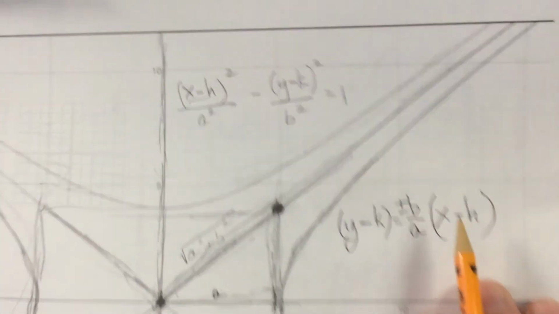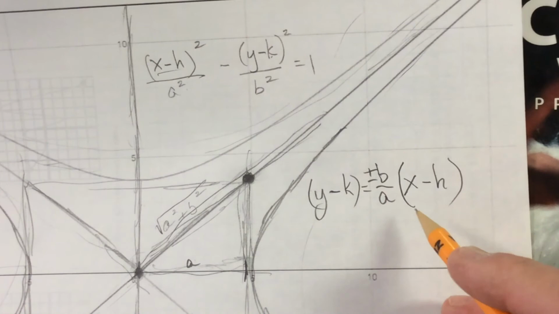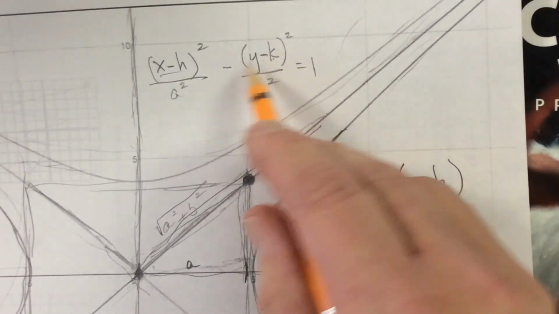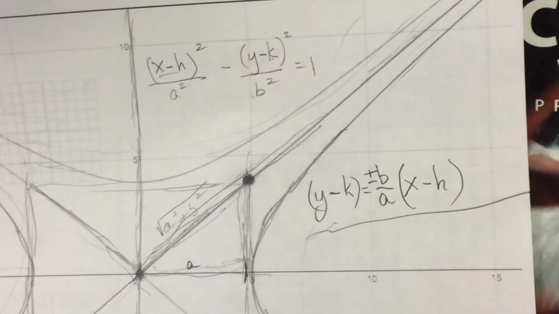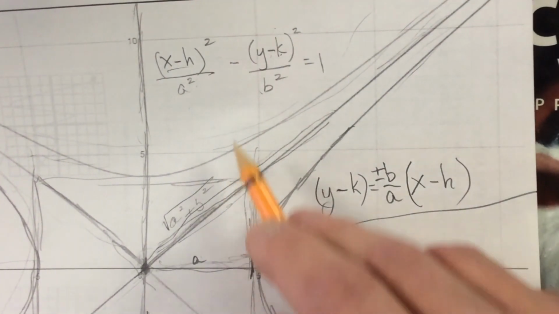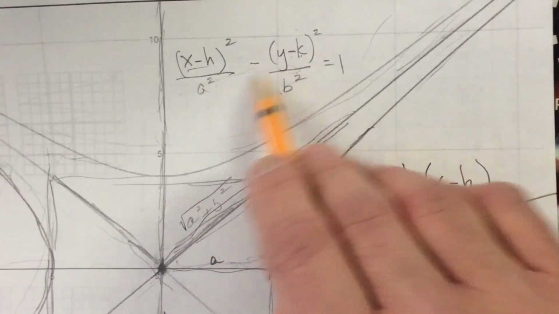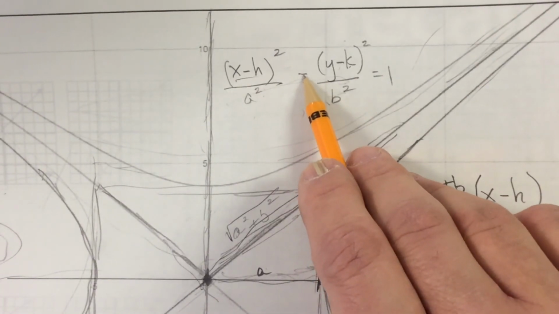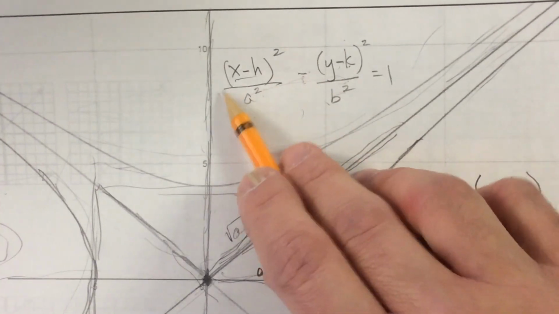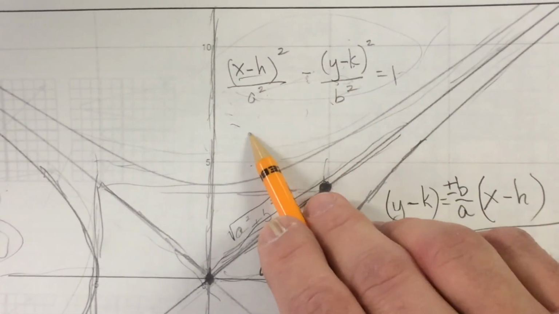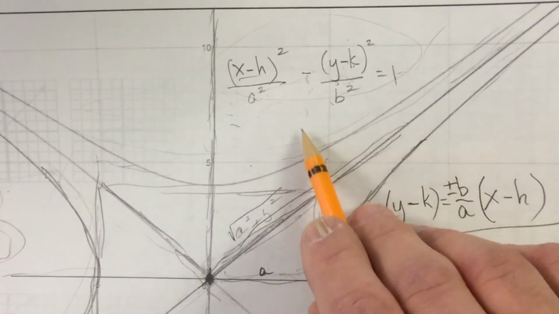So in order to get the equation for the asymptotes, I just take these numbers right here and do this with them. Now, I know that the book and all of the papers we've looked at, when this is positive and this is negative, they switch them, and then they switch the A and the B, and then it goes the other way.